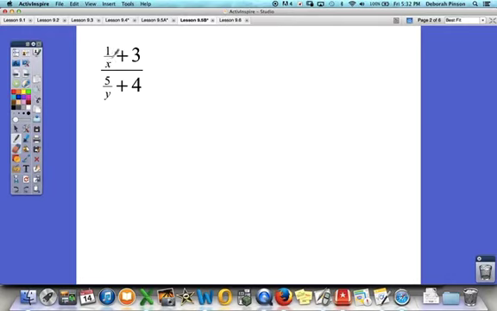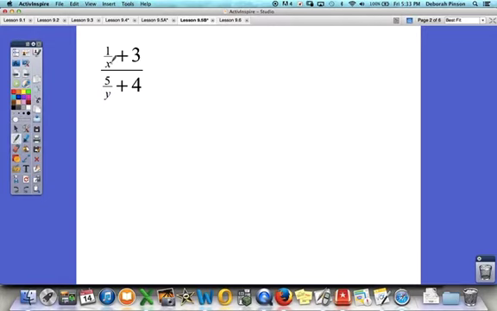So I have 1 over x plus 3 all over 5 over y plus 4. What I want to do is go through and look at my little fractions. I want to look at my little fractions and decide on a common denominator for them.